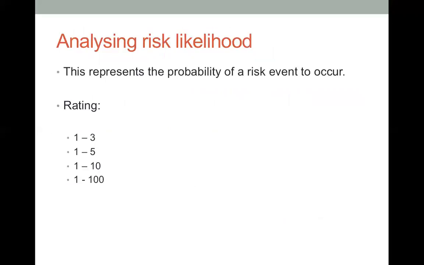This actually represents the probability of a risk event occurring. Okay, so if we launch a new product, for instance, we identify the risk. What are the risk events? Risk events are anything, any uncertainty that may stop us from achieving the objective, right?